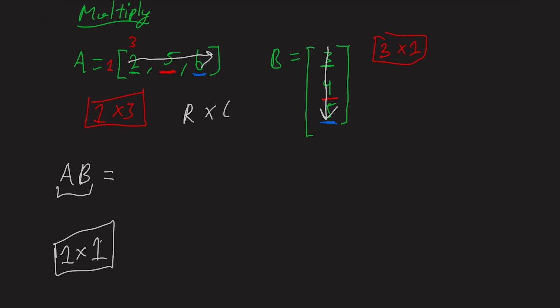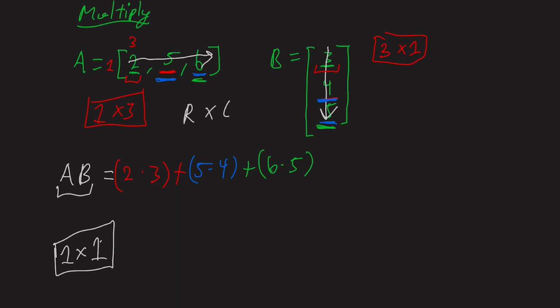A times B is going to equal the first item in row 1 of A, 2, times the first item in column 1 of B, 3, plus the second item in row 1 of A times the second item in column 1 of B, 5 times 4, plus the last item in row 1 of A times the last item in column 1 of B, 6 times 5.